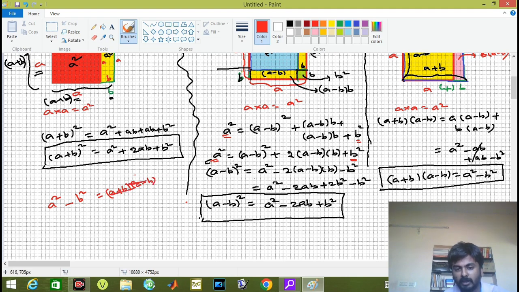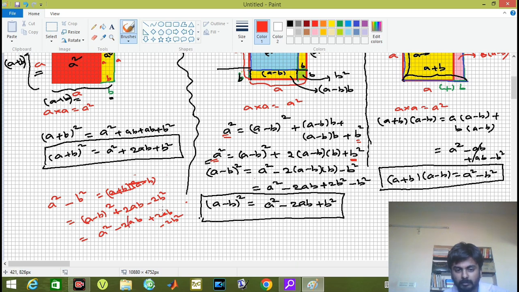The second figure will not give you that result, because for A square minus B square, from the second figure you will have A minus B the whole square, minus 2AB, then minus 2B square, that is equal to A square minus 2AB plus 2AB minus 2B square.